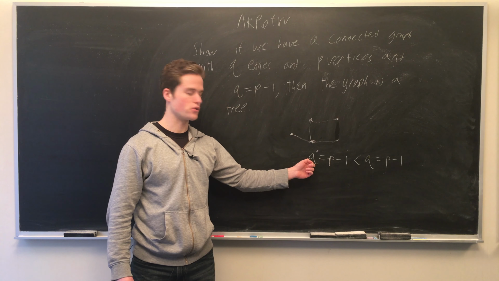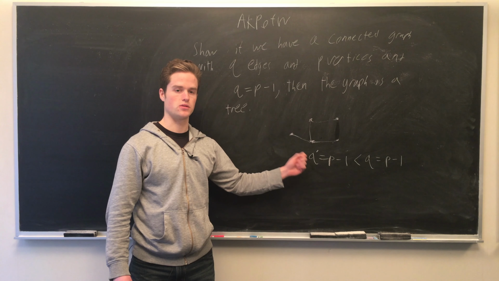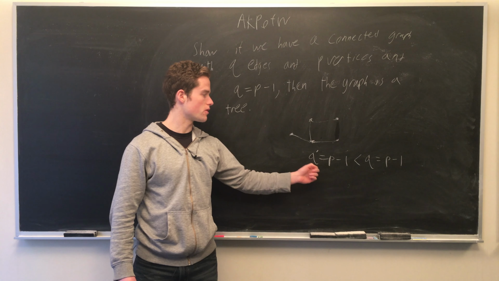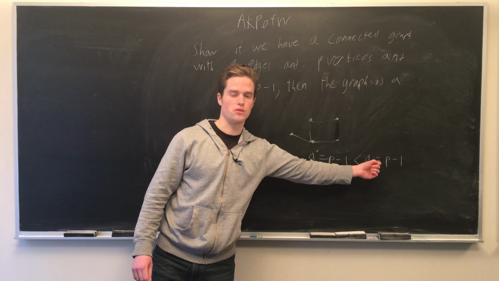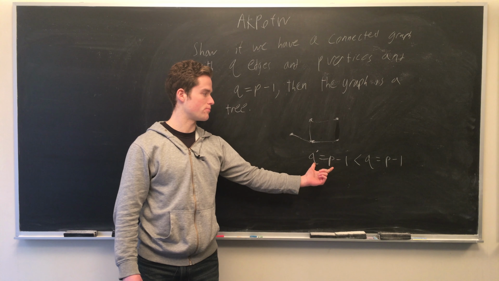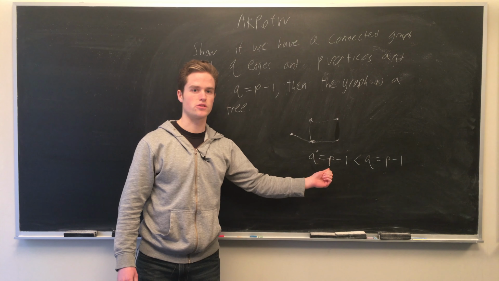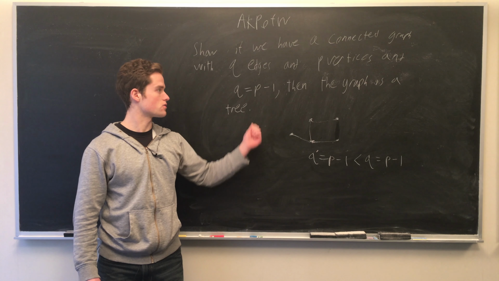But we assumed we had some cycles, so we removed some edges. So q prime is going to be strictly less than q, which we assumed is equal to p minus 1. And so we have p minus 1 is less than p minus 1, which is a contradiction. So we must not have any cycles, and so our graph must be a tree.